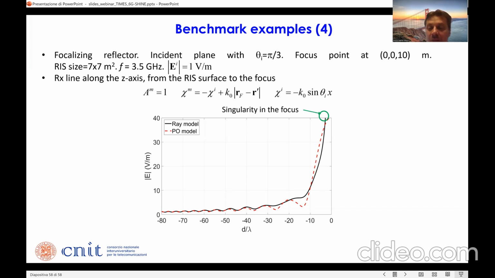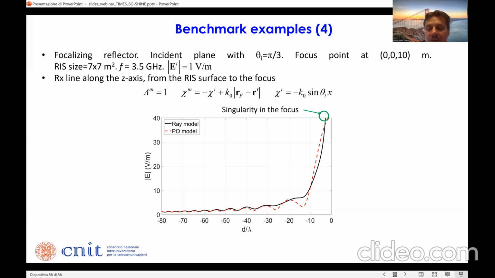In particular, one possible application could be to find the optimal placing, deployment, and configuration of one or more RIS in a given propagation environment, either outdoor or indoor.